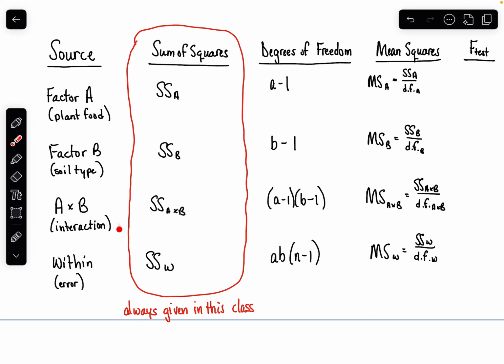And then one test statistic for the interaction A cross B. As with the one-way ANOVA, there is no test statistic for the within the samples. The test statistic is, as before, equal to the mean squares for that factor over the mean squares within.